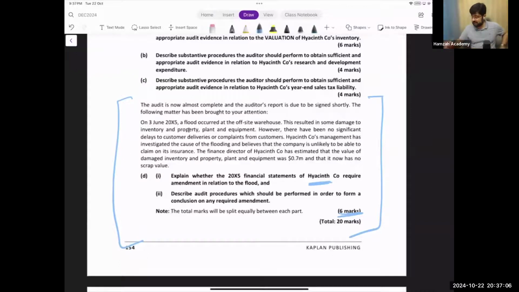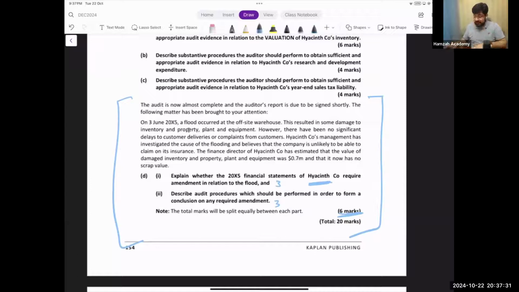So 6 marks, 3 marks for the first part, 3 marks for the second part. So the requirement: explain. The word is explain. You have to tell with the logic from the scenario. Apply.